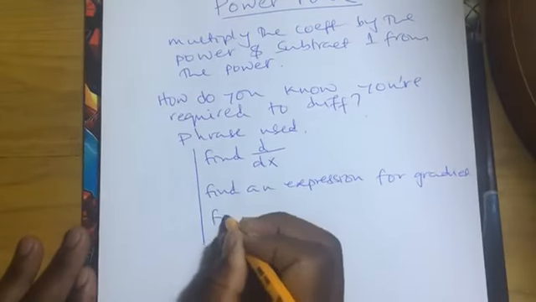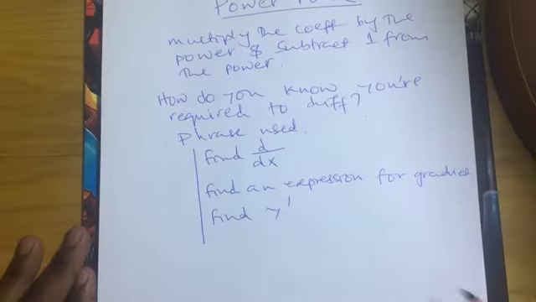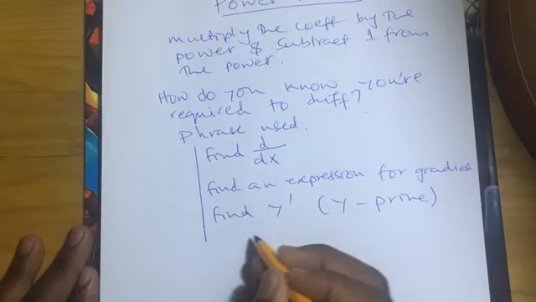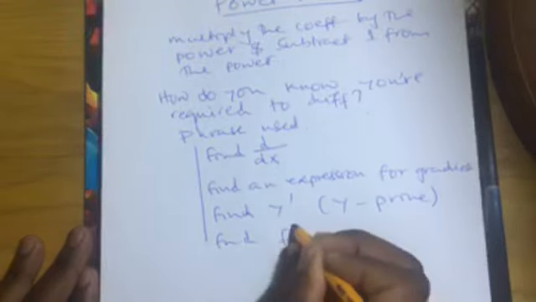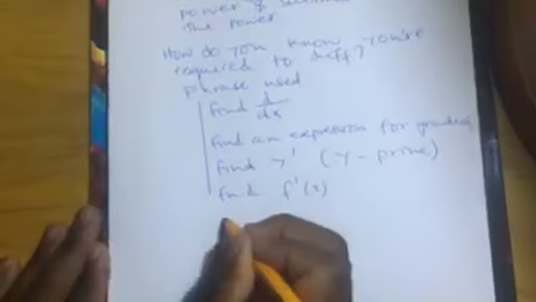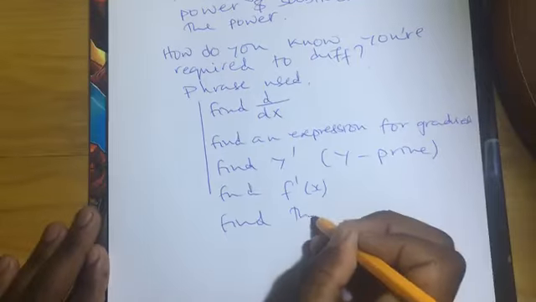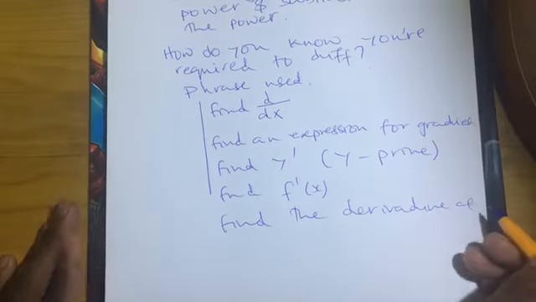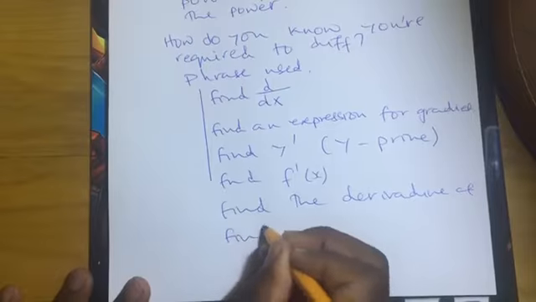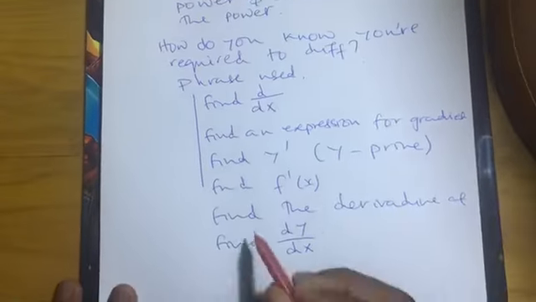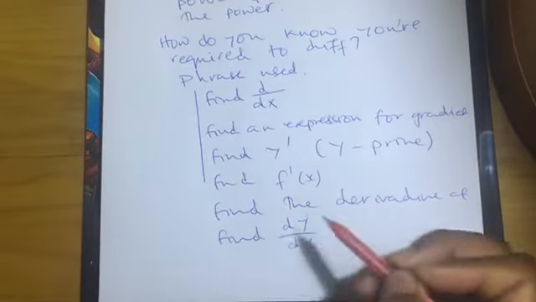They may say find y prime, this is read as y prime, or they may say find f prime of x, or they may just say find the derivative of, sometimes they'll say find dy dx. So whenever you see any one of these phrases or expressions, you know they're asking you to differentiate.